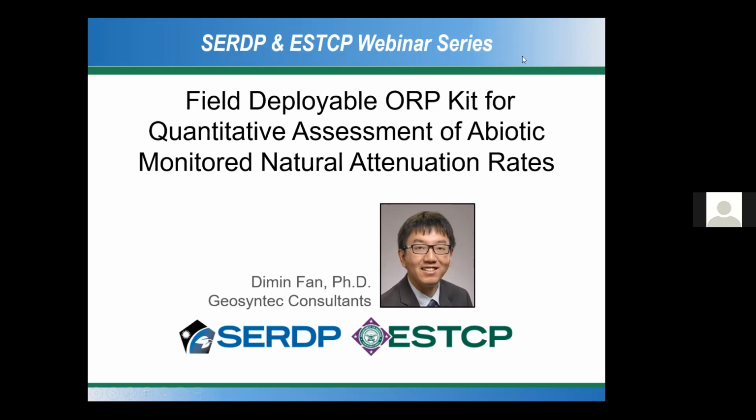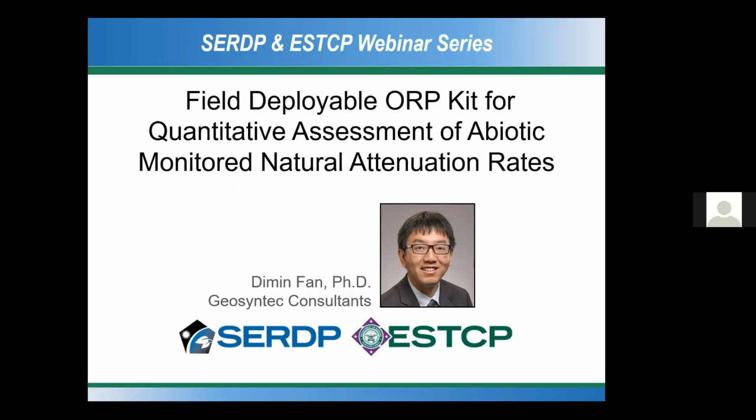It's now my pleasure to introduce our second speaker, Dr. Demin Fan, who is an environmental scientist at Geosyntec in San Diego, California. Demin's areas of research focus on developing and characterizing abiotic iron-based remediation technologies for active and passive management of plumes and the use of carbonaceous materials for the in situ remediation of organics. He has served as the principal investigator or key performer for several research projects on quantitative characterizations of natural attenuation processes.